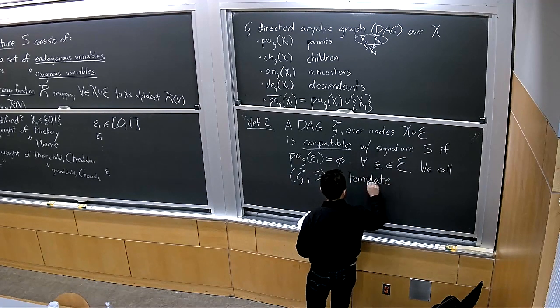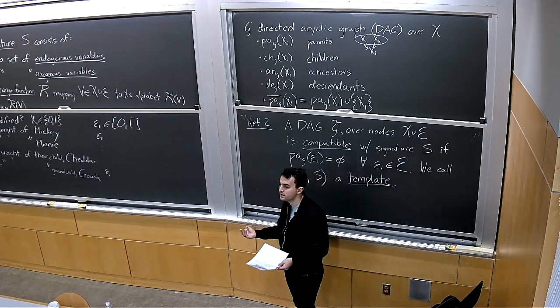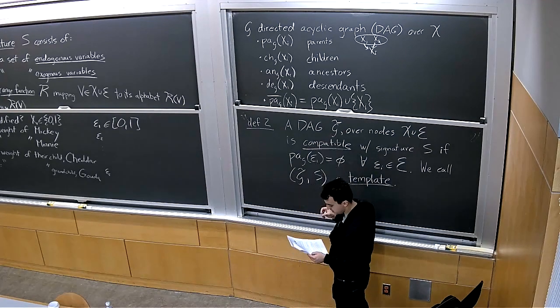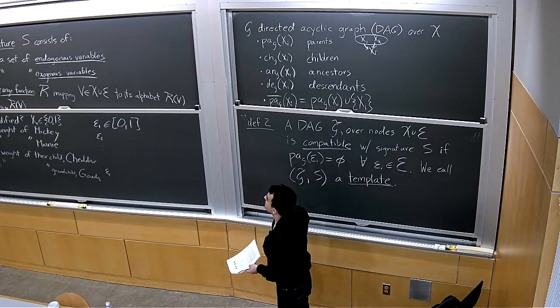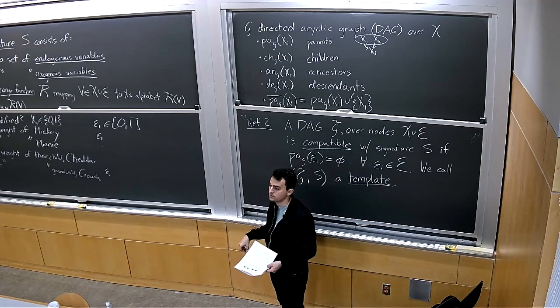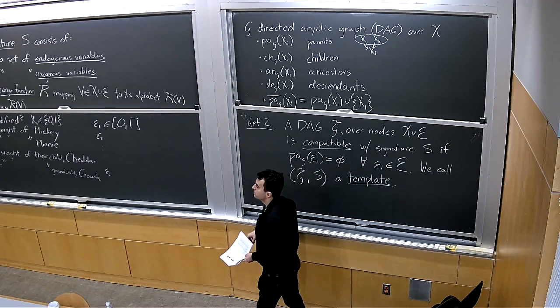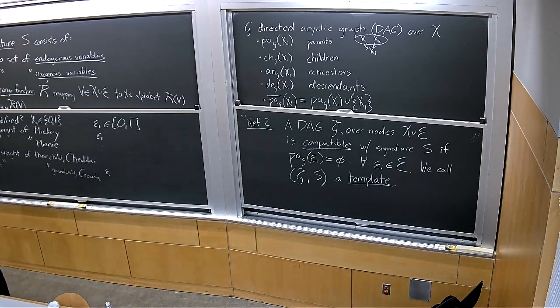So this is supposed to capture the idea that if you tell me the signature and if you tell me this graph, G tilde, that is going to be able to serve as a template for how we want those causal variables to relate to one another. But we haven't actually given the quantitative version of how they relate to each other, which is what I'm going to do now. Okay.